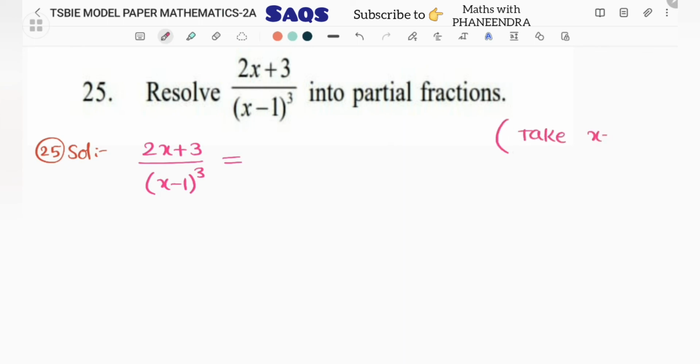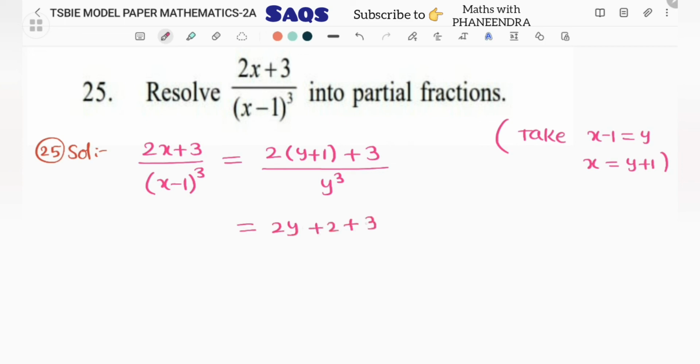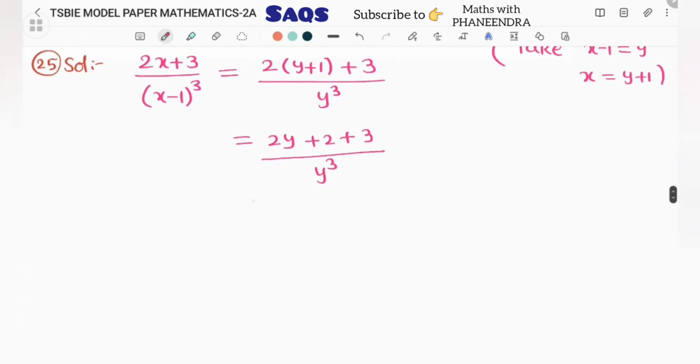Take x minus 1 equal to y, so x is equal to y plus 1. Wherever x is there, replace with y plus 1 by y cube, which is equal to 2y plus 2 plus 3 divided by y cube. So 2y plus 5 divided by y cube.